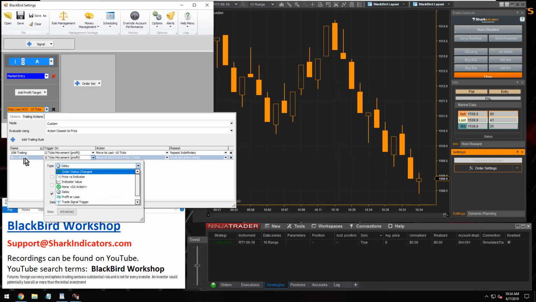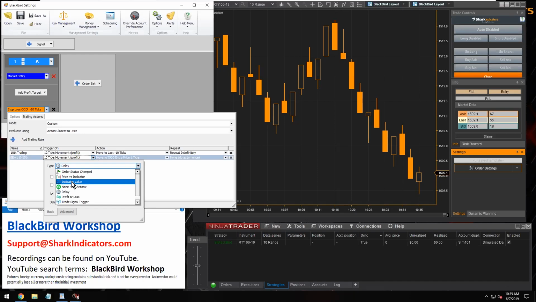To come up with some basic concepts, you may want your stop loss to only trail if the MACD is above the zero line. So you could use an indicator value here. You could have a trigger where some indicator has to equal some kind of value.